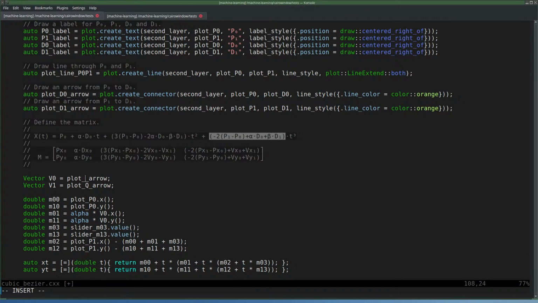This is the D0 arrow and the D1 arrow. So that's a vector from P0 to D0, which is just D0 the point. I'm going to use that as the velocity vector.